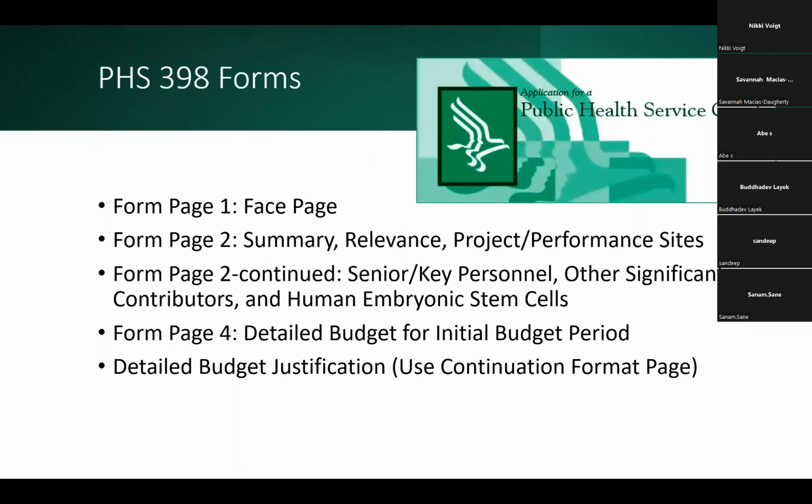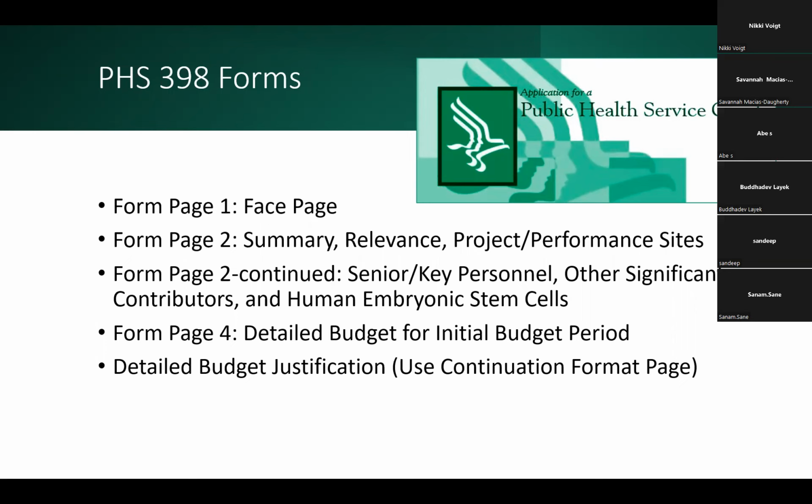So the PHS 398 forms are standardized forms that come from NIH, and you have a face page. This includes a lot of overview information, like the PI of the project, some budget information, institutional information, of course, your project title.